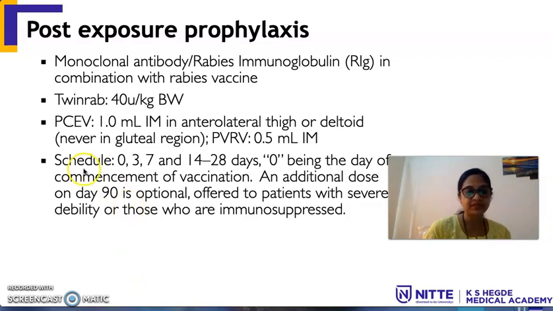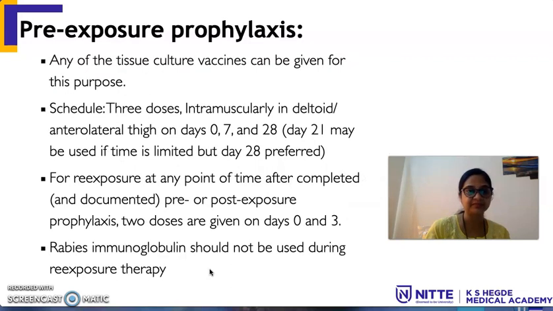The purified chick embryo cell vaccine or Vero cell vaccine, 1 ml or 0.5 ml, is given in the schedule of 0, 3, 7, and a 4th dose between 14 to 28 days. Here the 0 is the day of commencing vaccination, not the day of the bite. A vaccine on the 90th day is optional, given for severe debility.